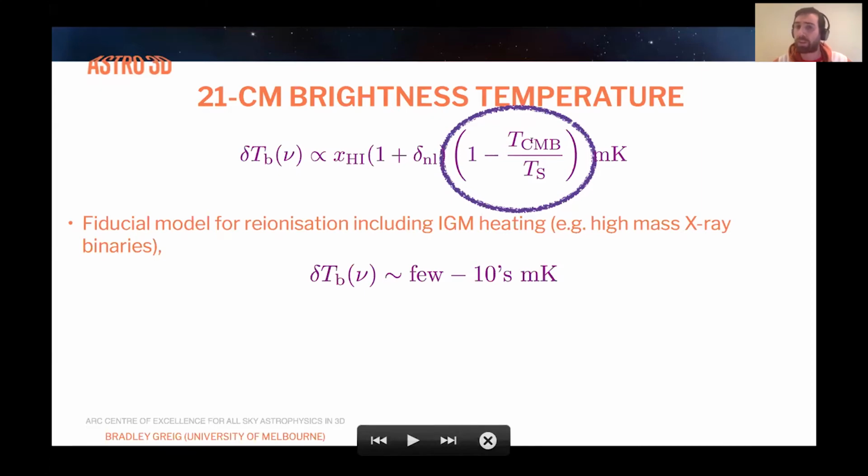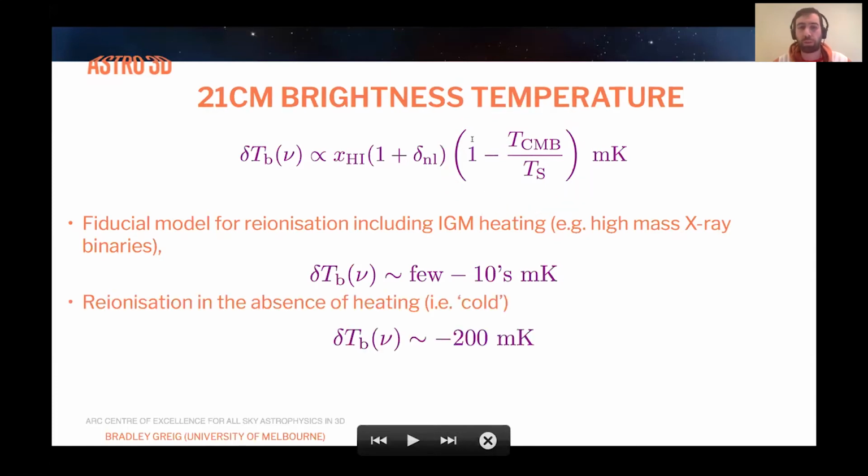It'll cool faster than the CMB temperature, and thus you can produce these very large amplitude signals. For example, you can get brightness temperature contrasts of order 100 to 200 millikelvin. And these are referred to as cold reionization scenarios because the IGM basically doesn't undergo any heating whatsoever.